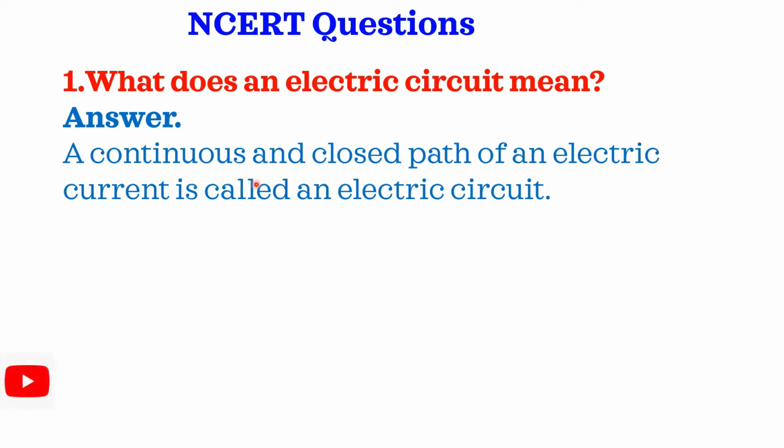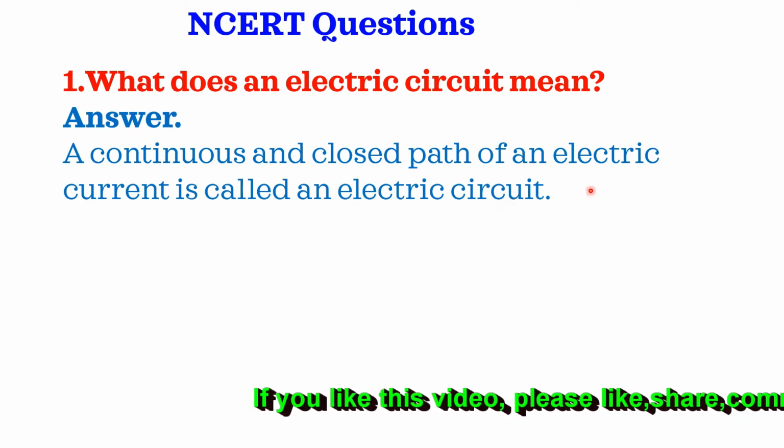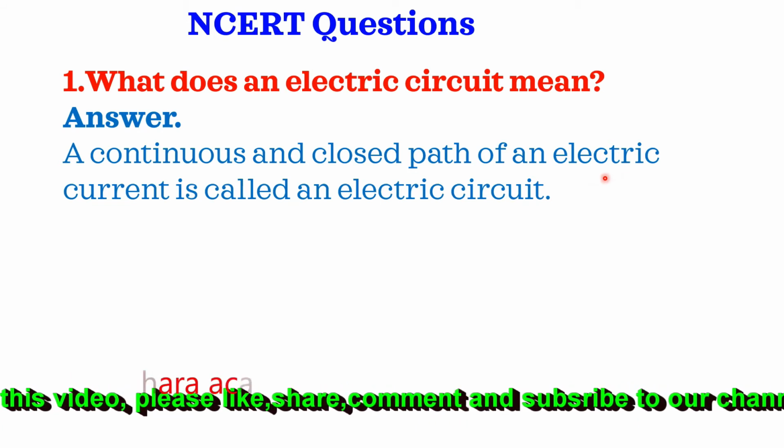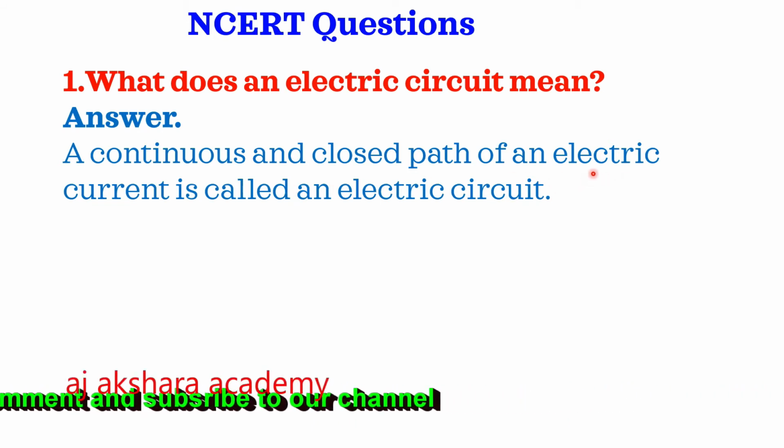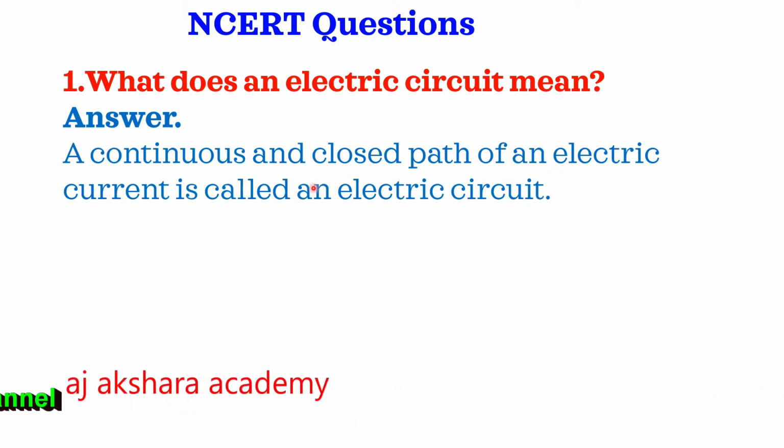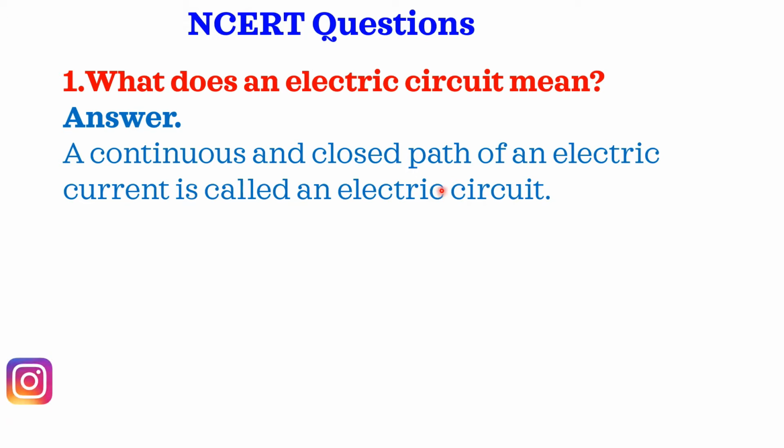Motion of electrons is known as electric current, and this electric current is passing through the entire closed path without any breaks or open switches, then it is called an electric circuit. So a continuous and closed path of an electric current is called an electric circuit.